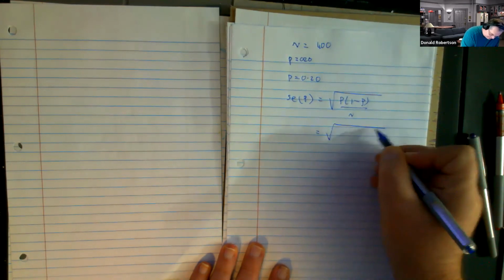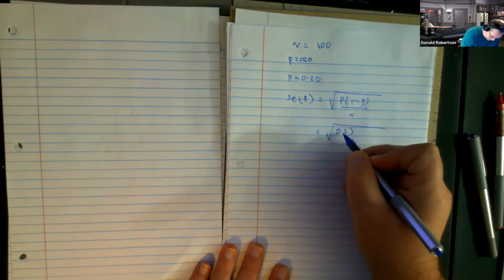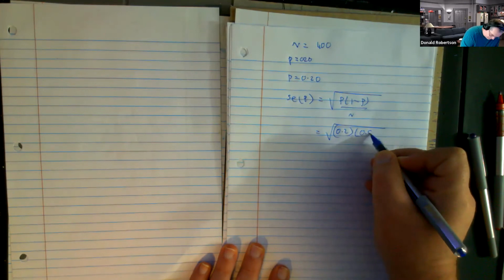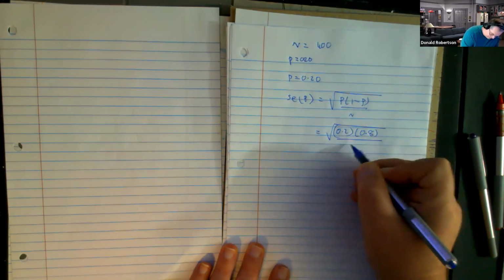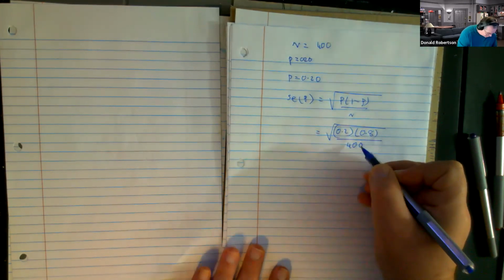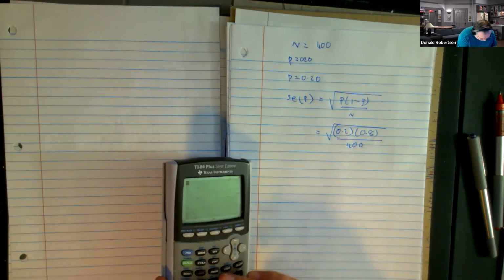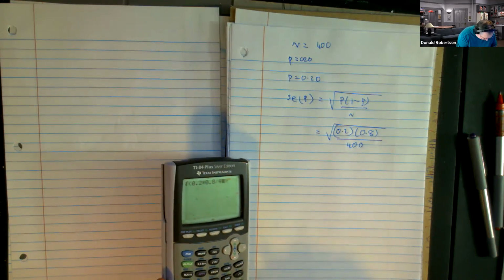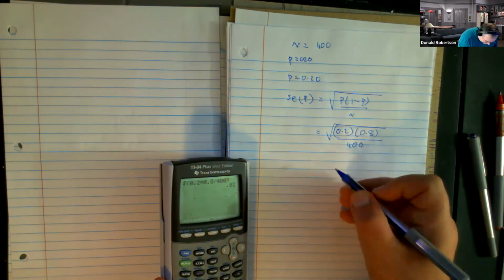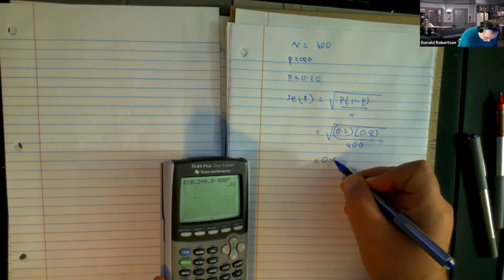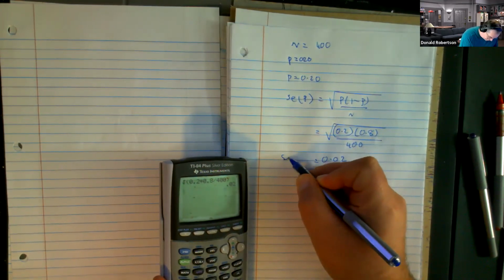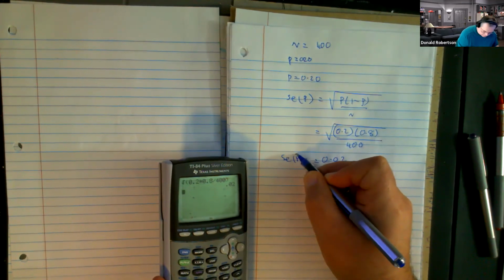So it's going to be 0.2, take that away from 1, 0.8, divided by 400. So on my calculator, that becomes the square root of 0.2 times 0.8 divided by 400. And the answer I have is 0.02, which is a nice number to work with.